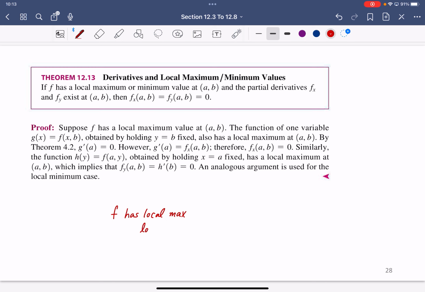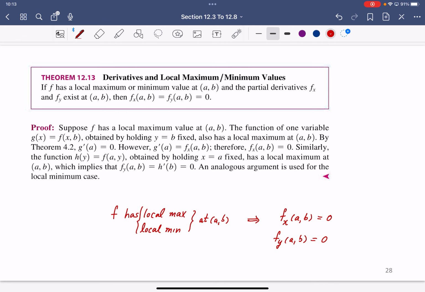Let's say that f has local max or local min at the point (a,b). Then the derivative with respect to x at (a,b) equals 0, and the derivative with respect to y at (a,b) equals 0.